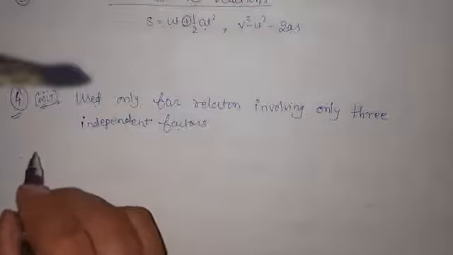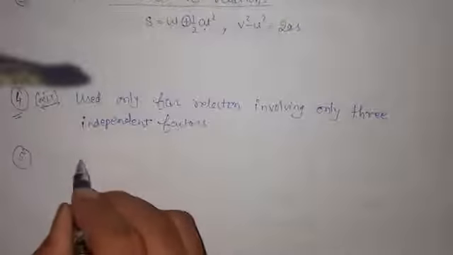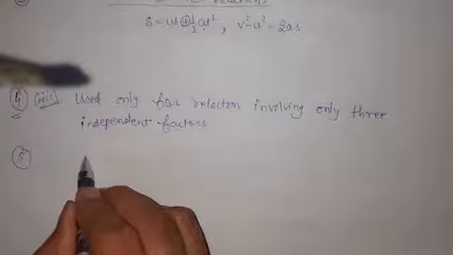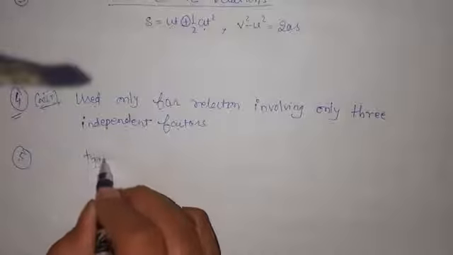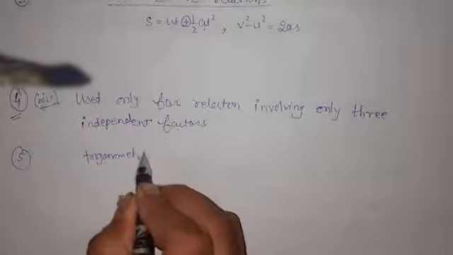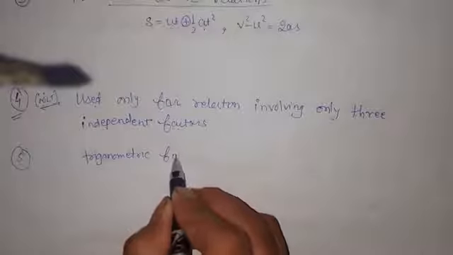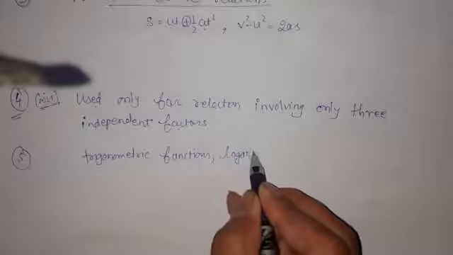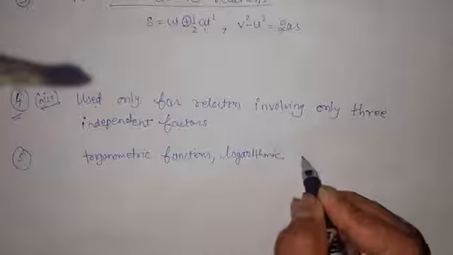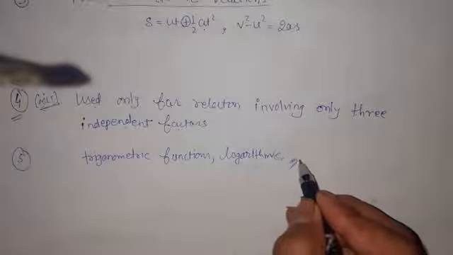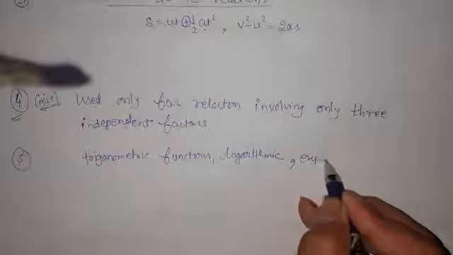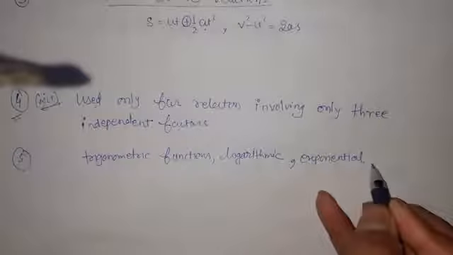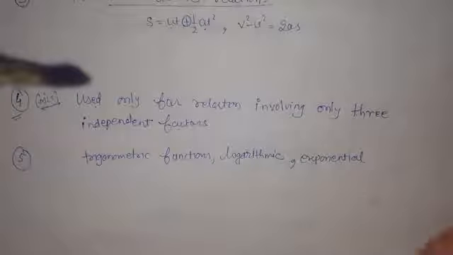Similarly, one more limitation is that if there is any trigonometric function, such as sine or cos, or a logarithmic function or an exponential function, such functions are not handled by dimensional analysis.